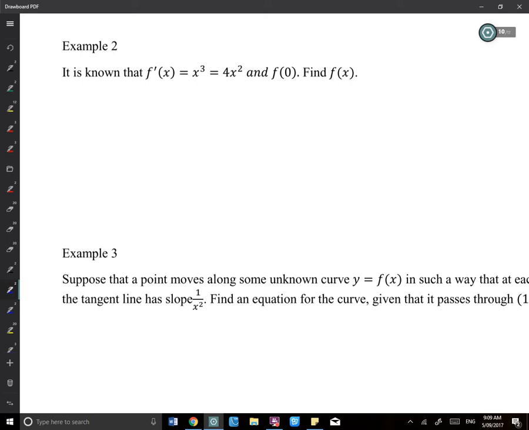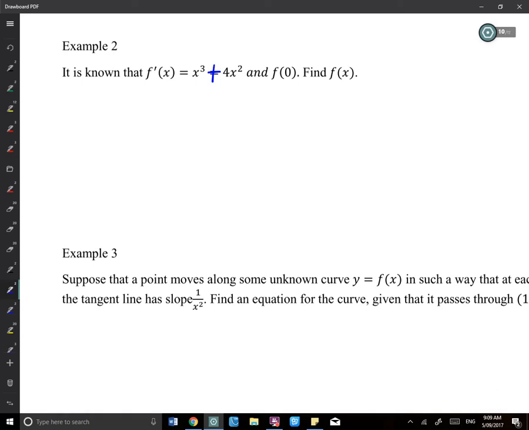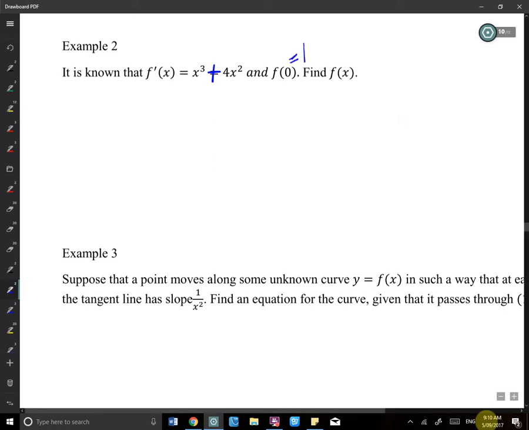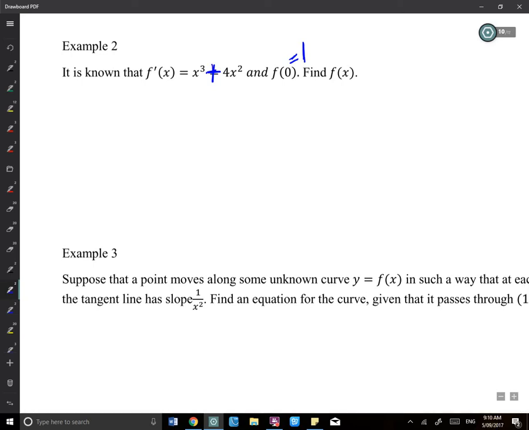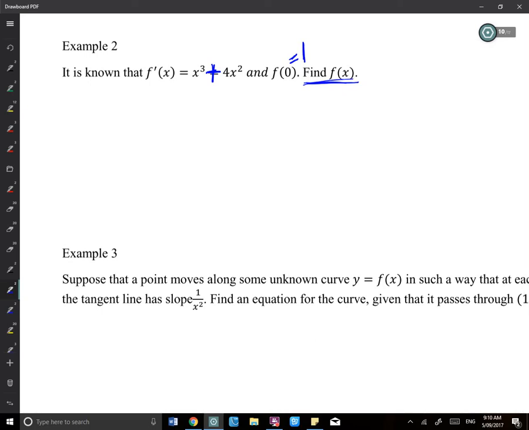Let's say f dash x is x cubed plus 4x squared, and f0 equals 1. Find fx. So this example tells you how to find the c.